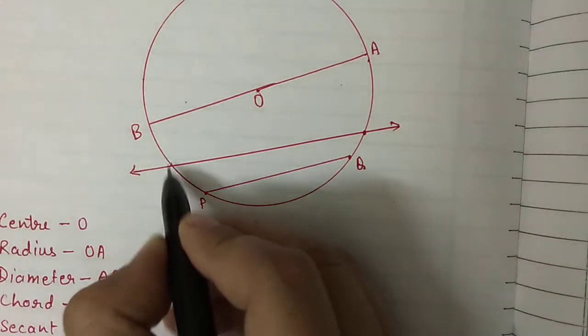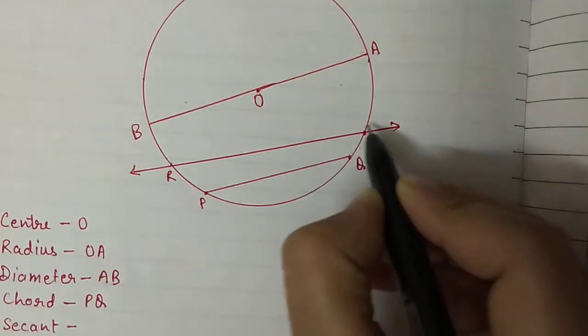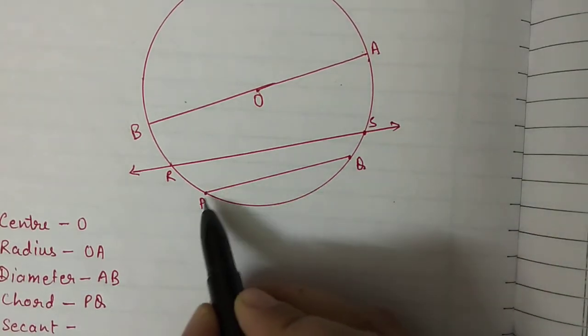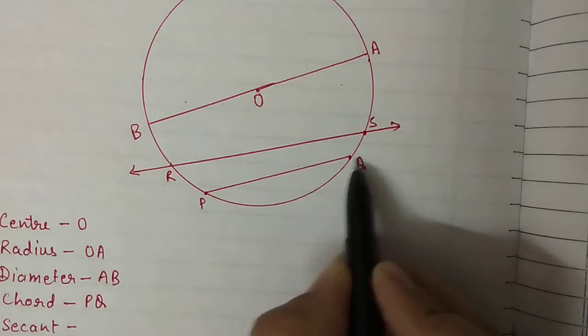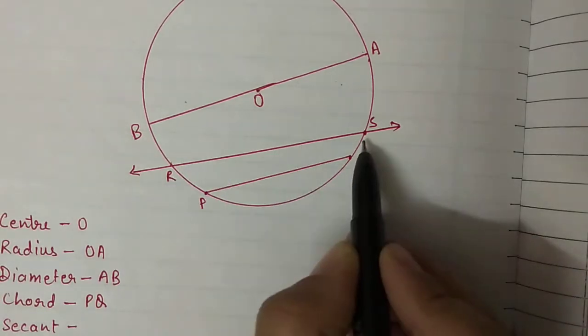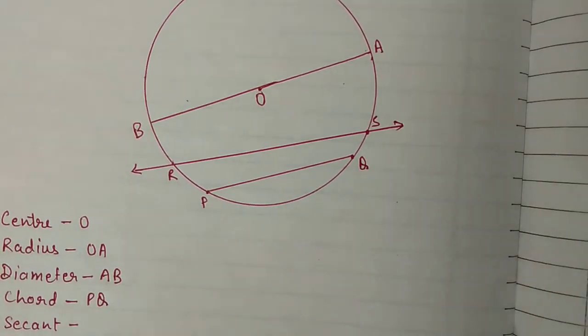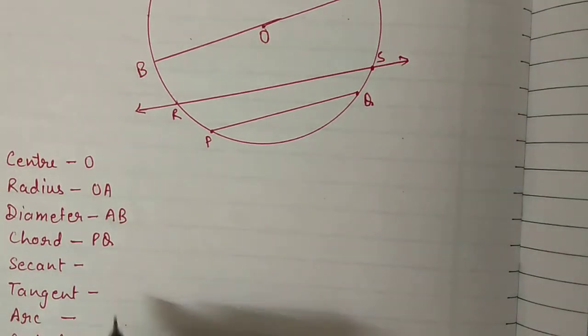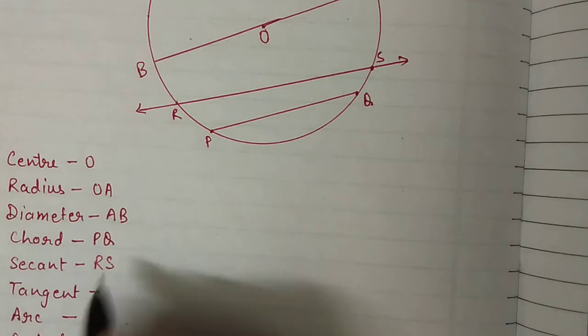So you can mark here points R and S, and the chord will end here, at P and Q. It will not go beyond the circle, but the secant will go outside also in both directions. So here RS is a secant.